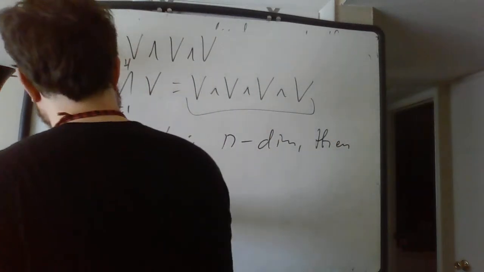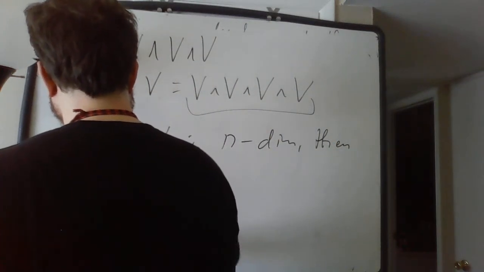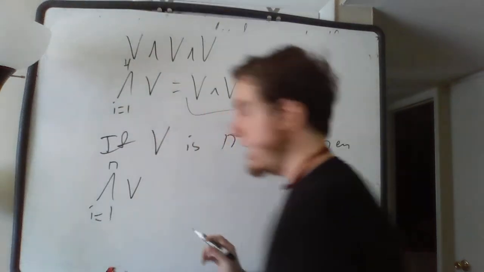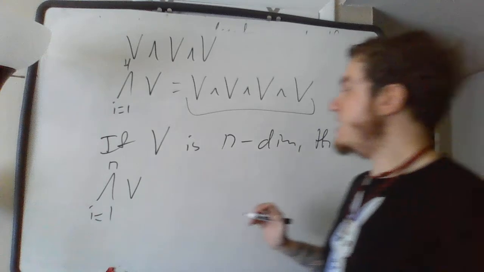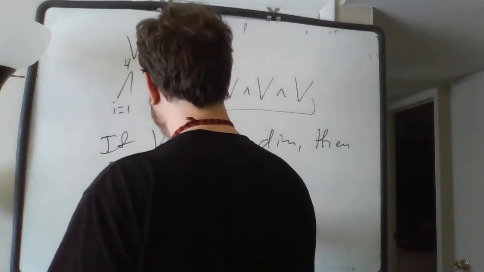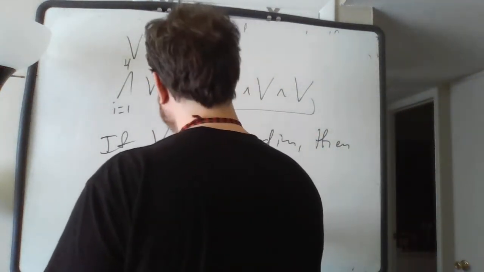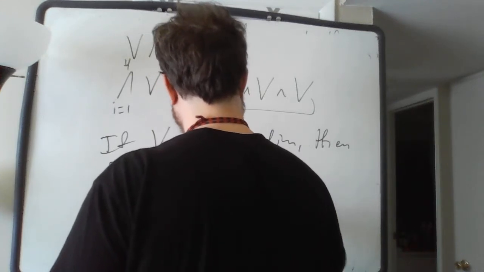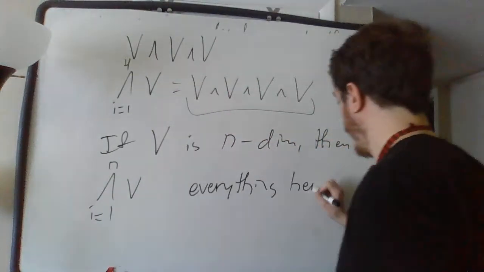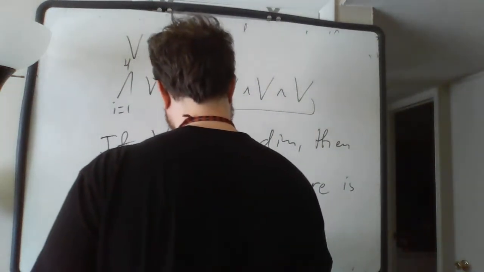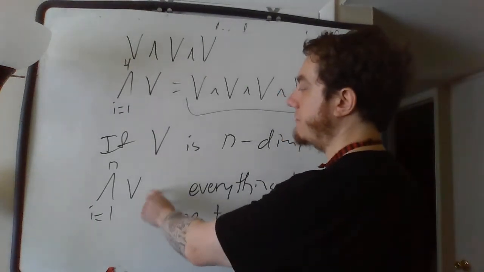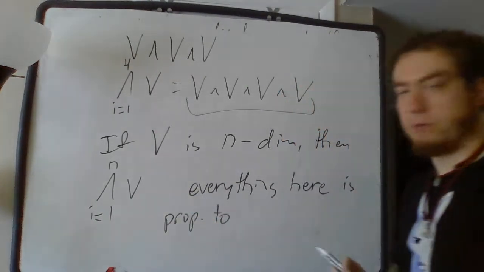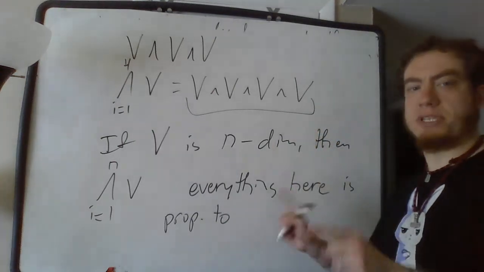then if I take the wedge from i equals 1 up to n of V, in other words, if I wedge this thing with itself n times, then everything here is proportional to... the only way that I can get a wedge here out of the basis for V is going to be if I choose every single basis vector.